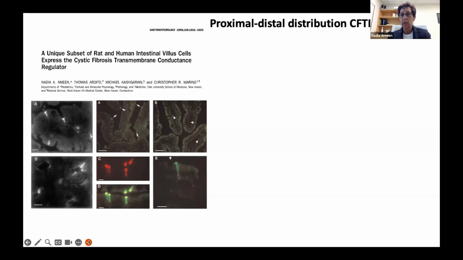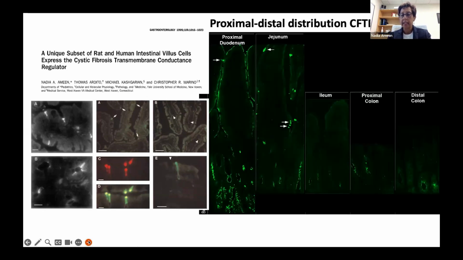We subsequently looked at the distribution of CFTR in the rat intestine, and here you can see on these panels the distribution of CFTR using the same CFTR antibody, shown in green fluorescence, along the proximal-distal length of the rat intestine.